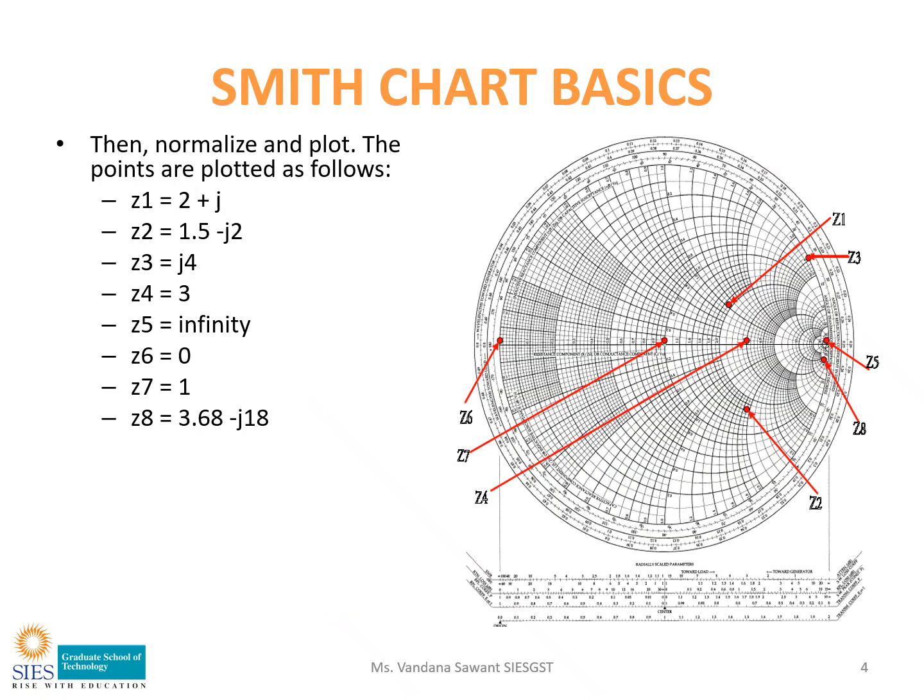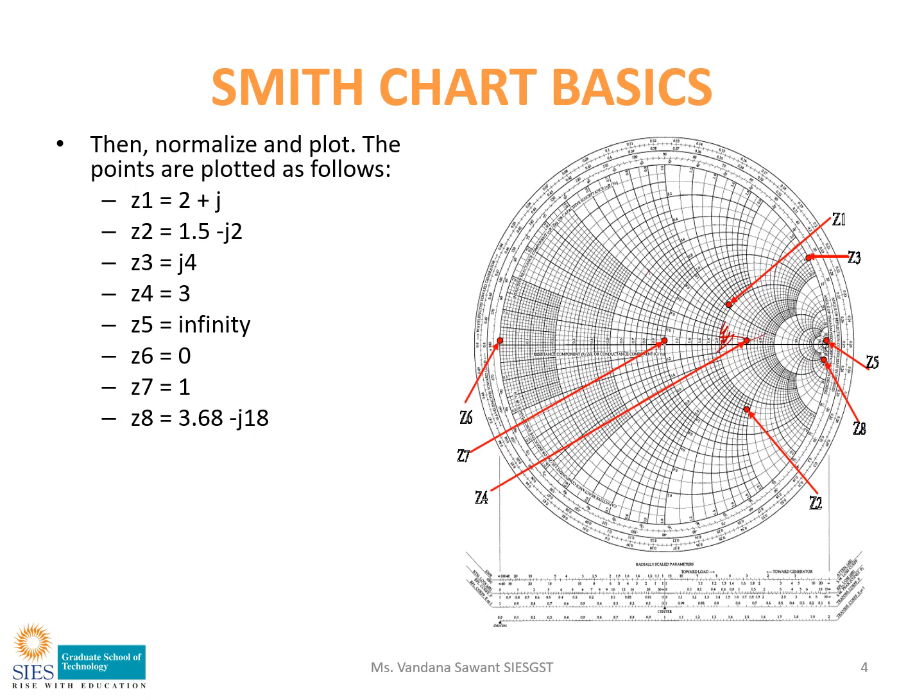If you want to plot on a Smith chart, we have to use the same method. First, we have to see what the R value is. For example, in Z1, it is 2. And what is the Jx? Jx is plus J1. So we have to find where 2 is on the horizontal line.